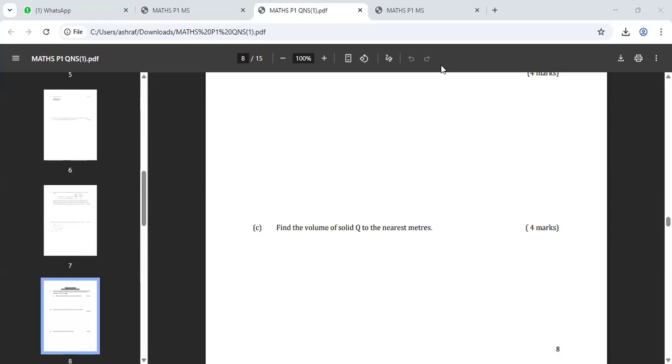Anyone else who has found any of the 3? Volume of the hemisphere, the cone, or the cylindrical part? Hugo, your hand is up.